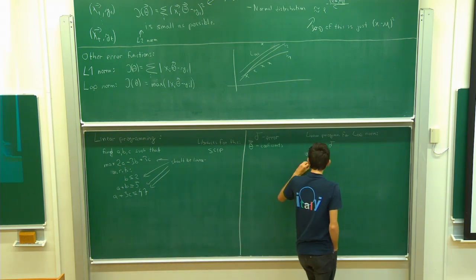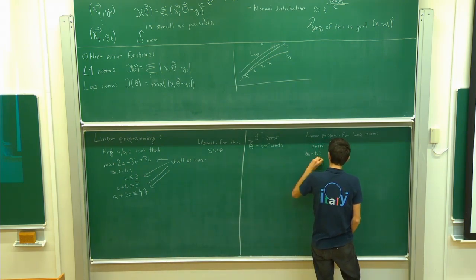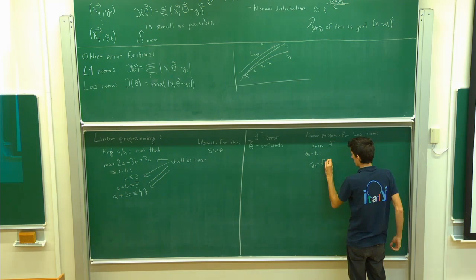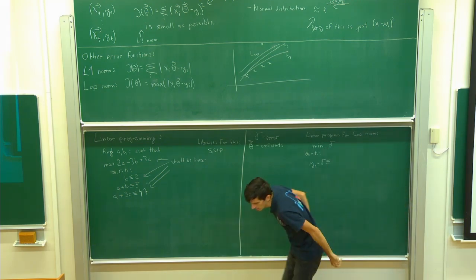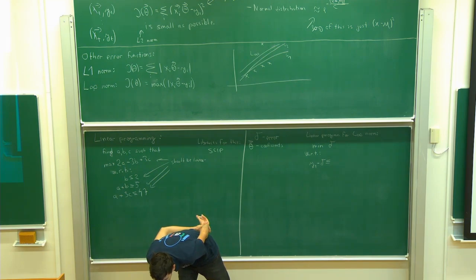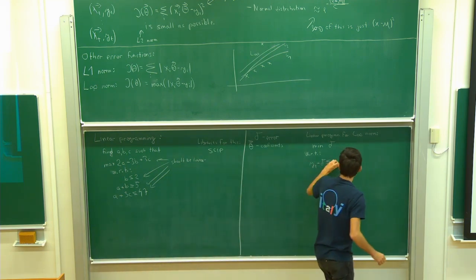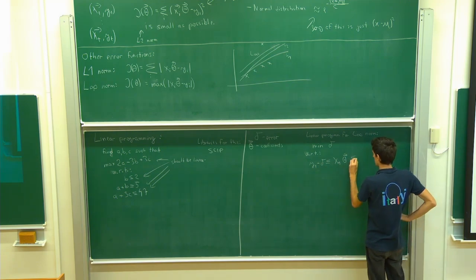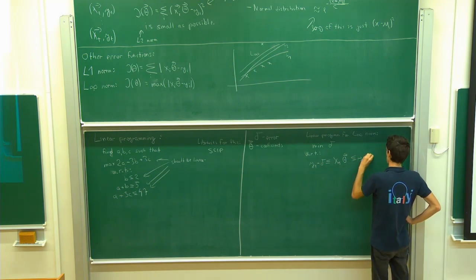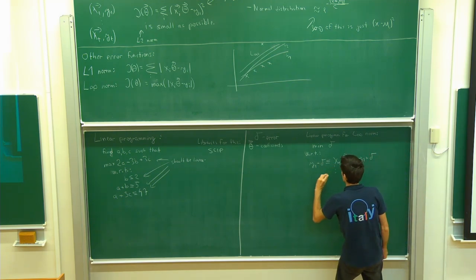Basically what we want is that the prediction minus epsilon is greater than minus delta, and less than plus delta, and so on.